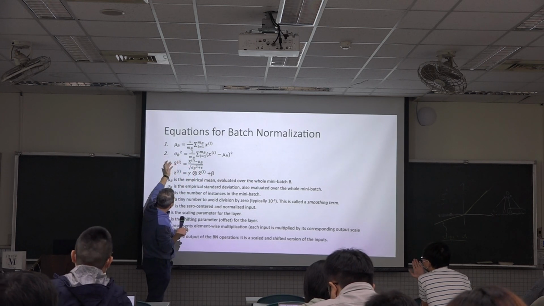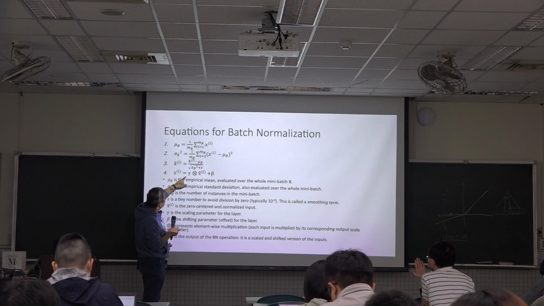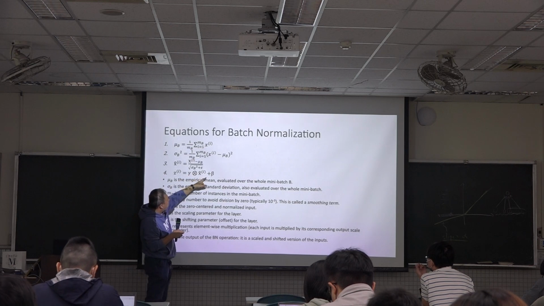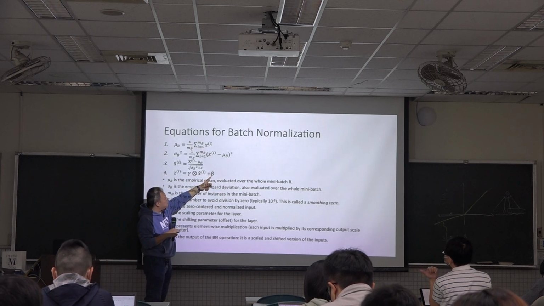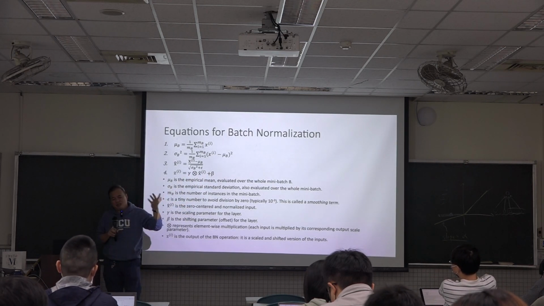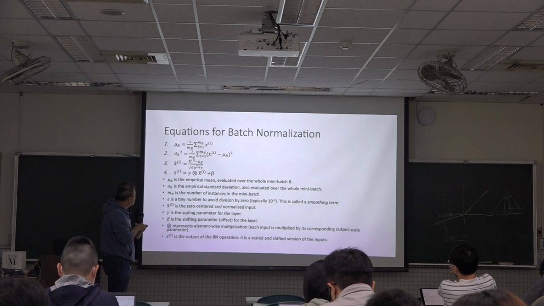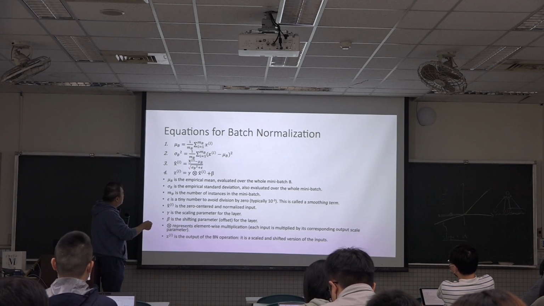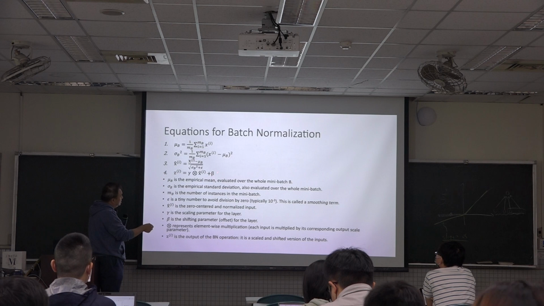And then we introduce a gamma and a beta. So this beta becomes the new average. Gamma is a scaling parameter that scales your input. So this gamma and the beta are additional parameters introduced per layer.